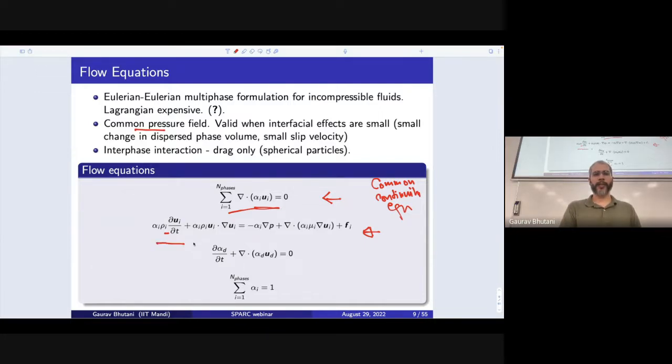You have the transient term, the convection term, the pressure gradient term, which comes from the stress term, and then the viscous term, again coming from the stress term. In this case, we also have an interphase interaction between the two phases, which we call the drag force, F_D,i. It's the only drag force that we're considering in this case. Okay, so this is our momentum equation.